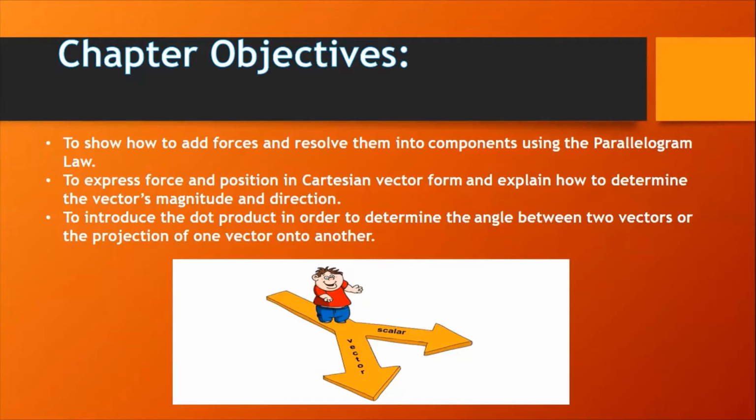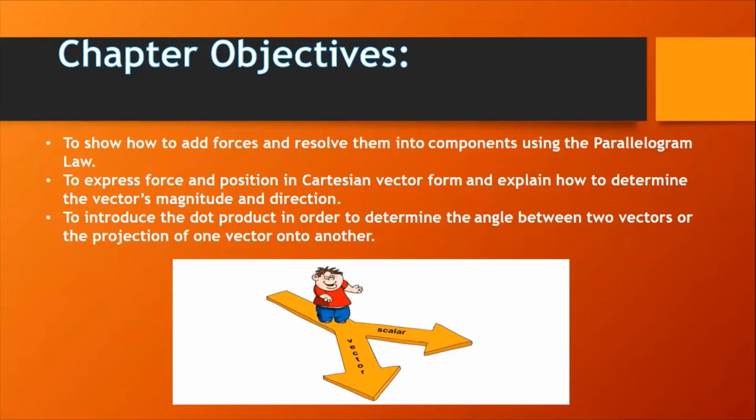Then we will introduce the dot product also, and how we can determine the angle between the two vectors, or the scalar, how we can find out the resultant force as well.